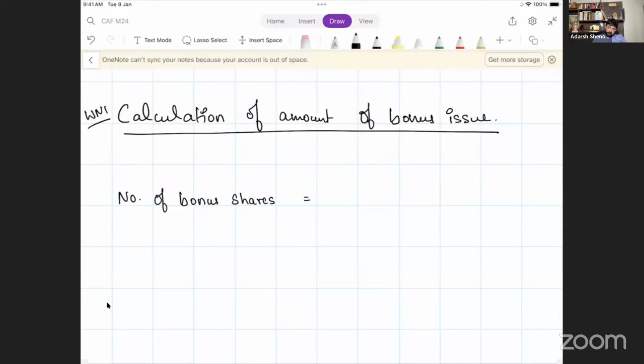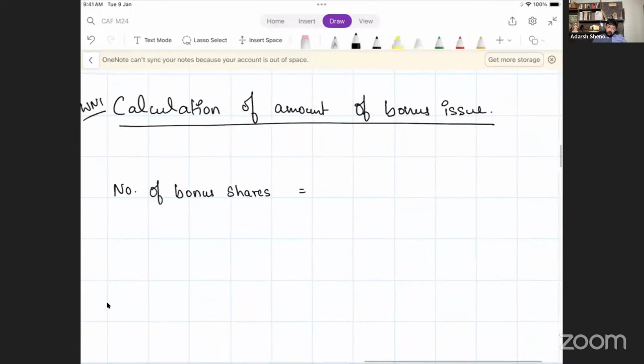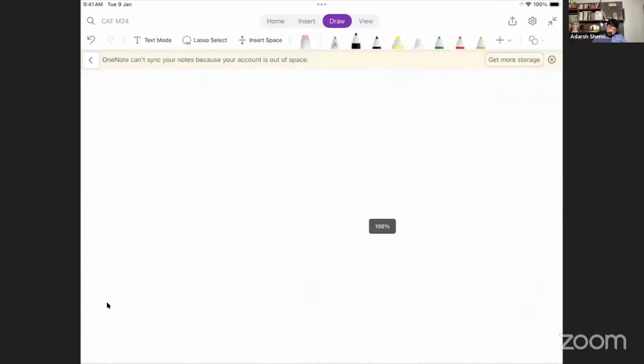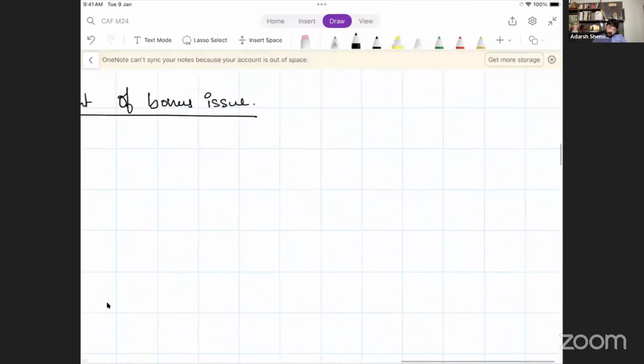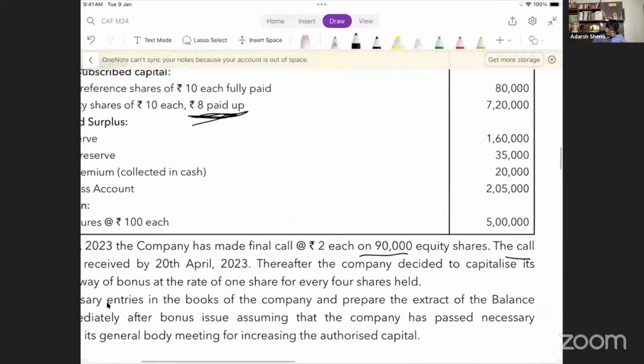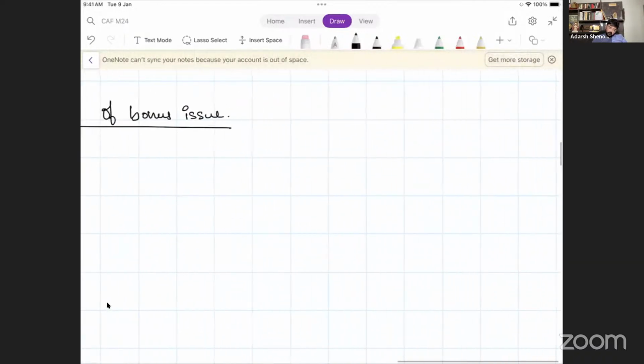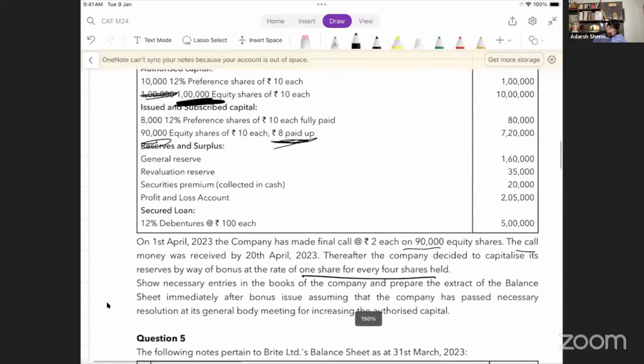Number of bonus shares. How many bonus shares are we going to issue? The calculation is the proportion shown here. What was the ratio? 1:4, or one share for every four held. We have 90,000 shares. We only consider equity shares.